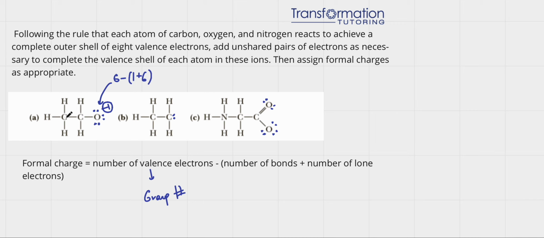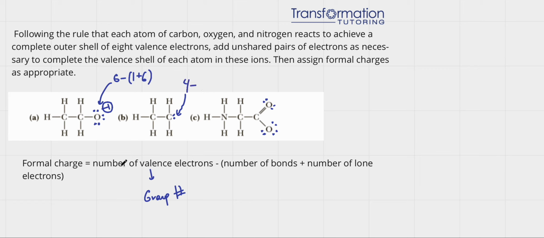If you try these carbons, they will be fine. They will not have a formal charge. Their formal charge will be 0 because a carbon has 4 valence electrons and it has 4 bonds. 4 minus 4 will be 0. So I'm just going to skip it. And I'm going to move to B. And this carbon, how many valence electrons does the carbon have? It's in group 4 on the periodic table.